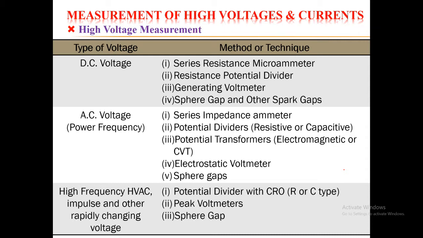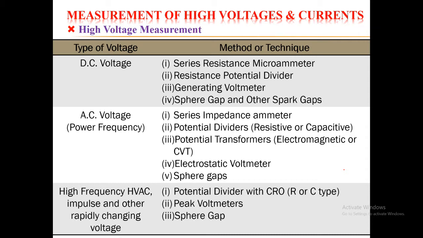These methods are used for the measurement of DC voltage and AC voltages, but only at power frequency. We cannot measure impulse voltage magnitudes or other rapidly changing voltages, or the high frequency high voltage AC produced by the Tesla transformer, with the help of these methods.